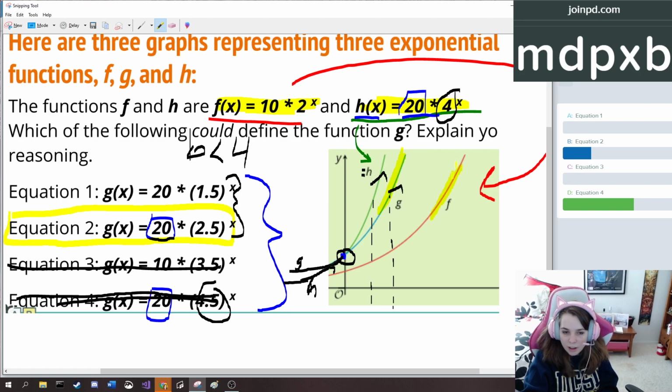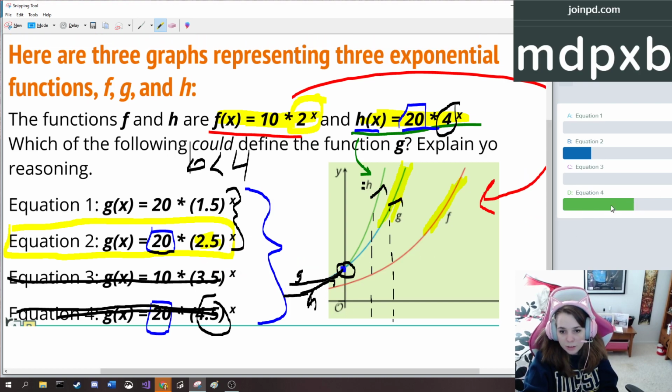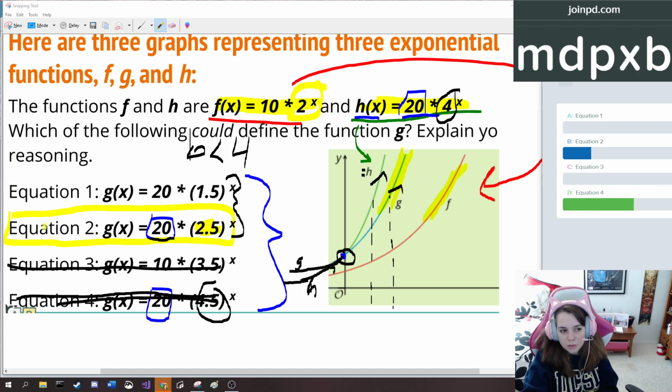The steepness of f is less steep than g is. So that means g is going slightly faster than f. If f is going at 2, g should be going at 2.5. So the correct answer for this one actually is equation 2. Good job for those of you who picked it.